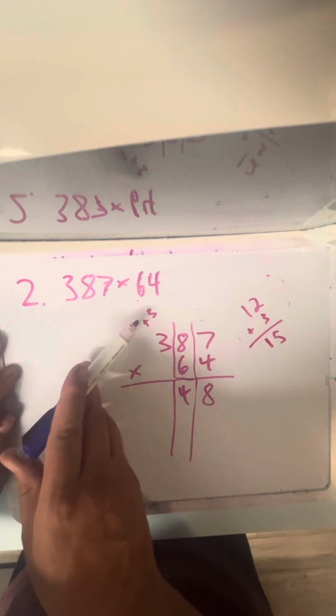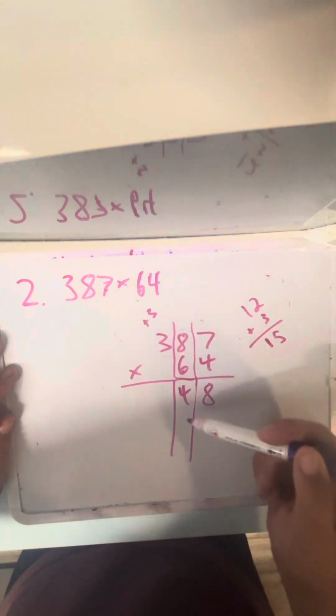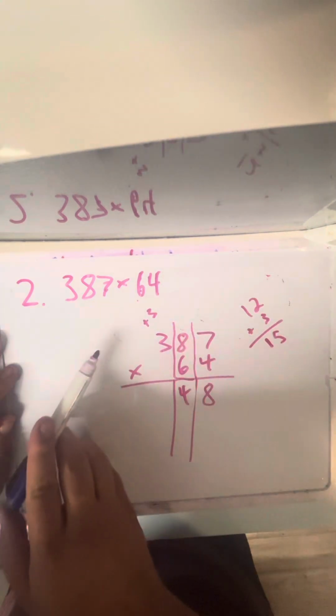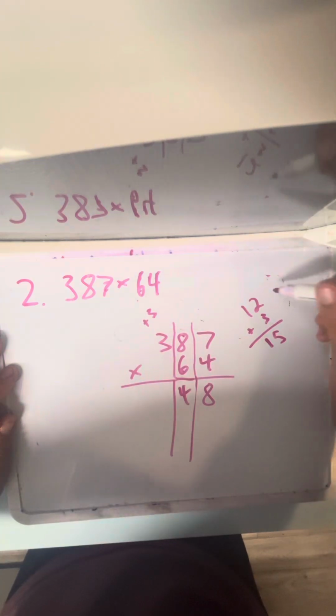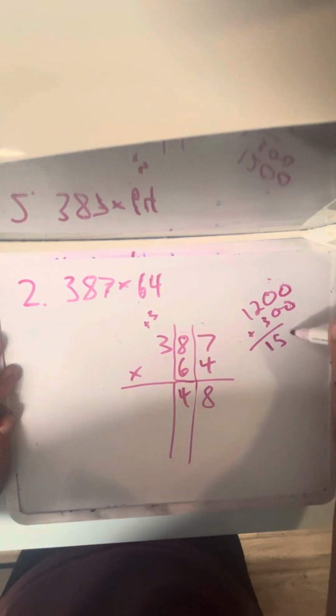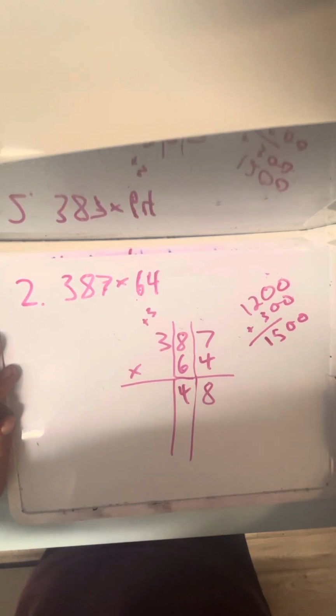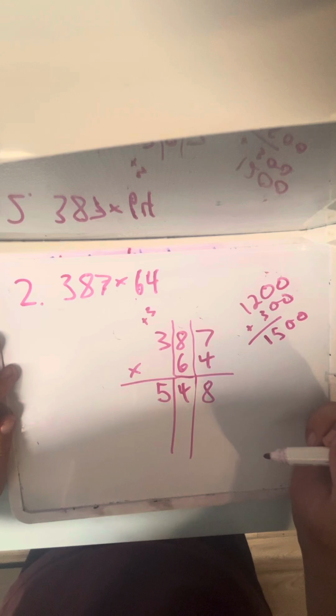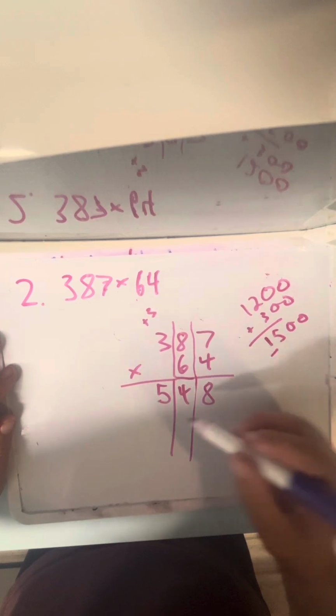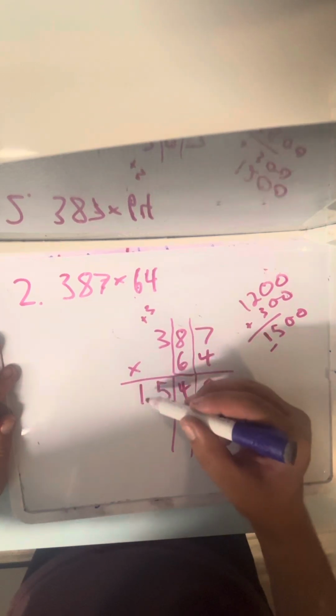And we brought 3 over from this column, but that was really 300 that we brought over. So 1,200 plus 300 gives us 1,500. So in 1,500, we have a 5 in the hundreds place, and then we add a 1 for the 1,000.